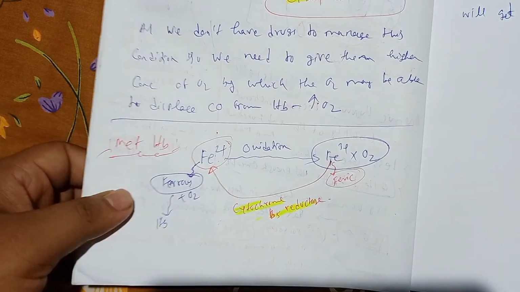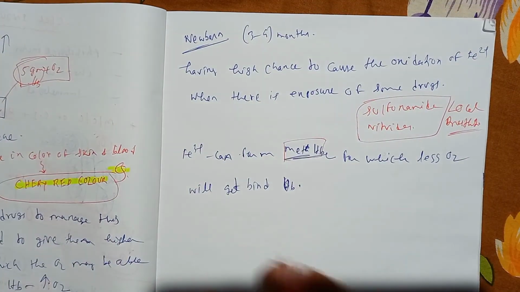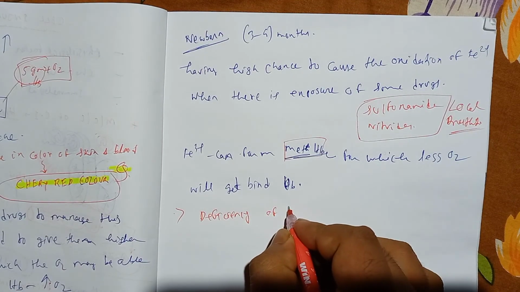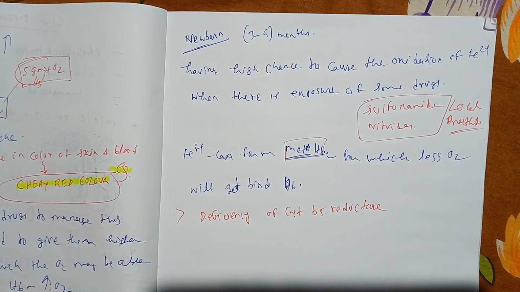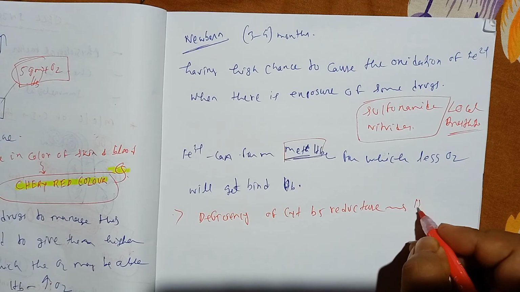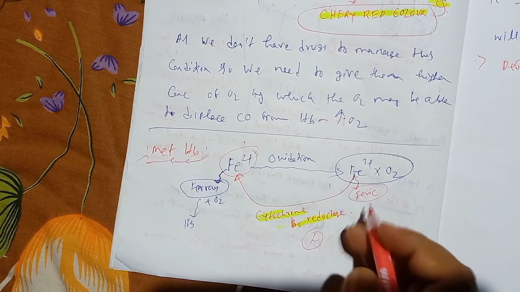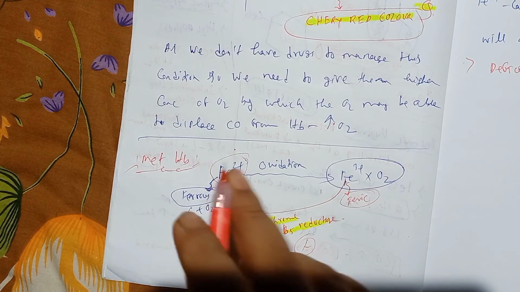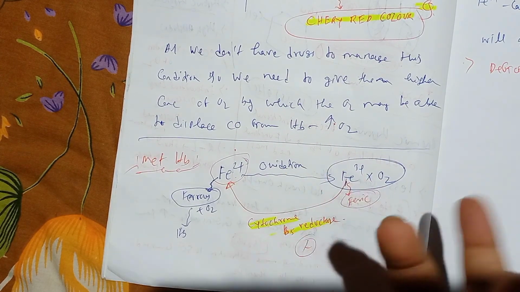Because if the enzyme is deficient or nonfunctional, Fe3+ cannot be converted into Fe2+. So with less Fe2+, there will not be a sufficient amount of oxygen in the tissues, which is a type of hypoxia.